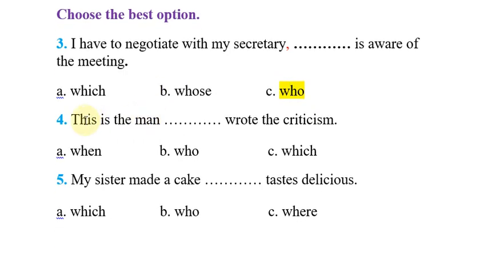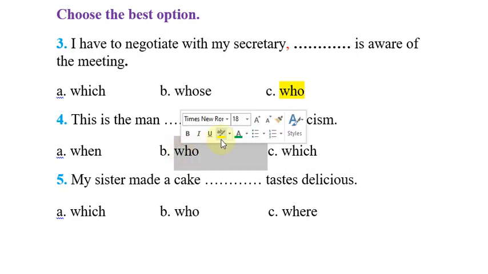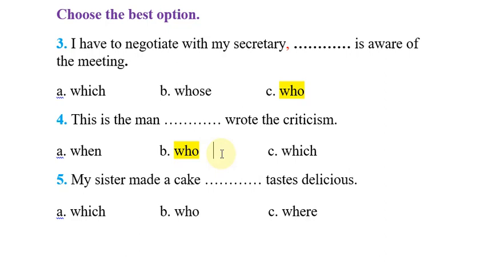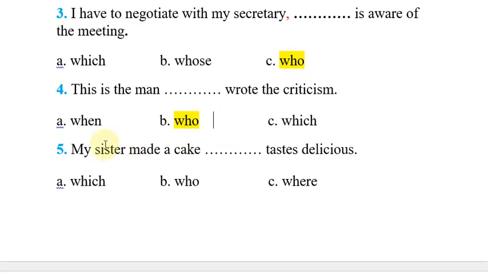Good so far. This is the man who wrote the criticism. This is the man when, who, which? This is the man who wrote the criticism. We use who for people and we use which for things. And the last one here: my sister made a cake, blank, tastes delicious.